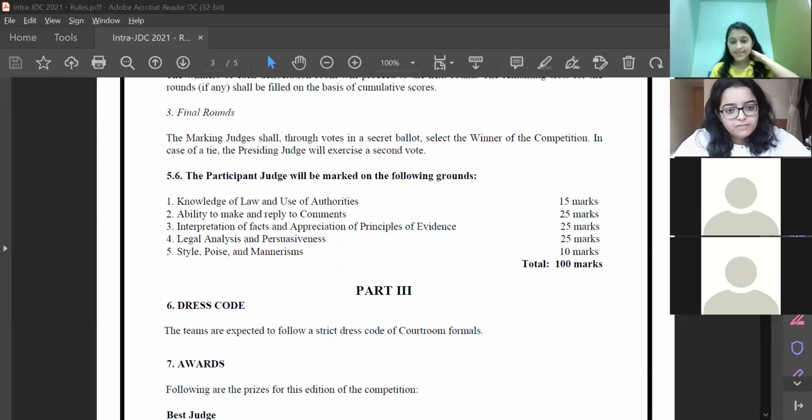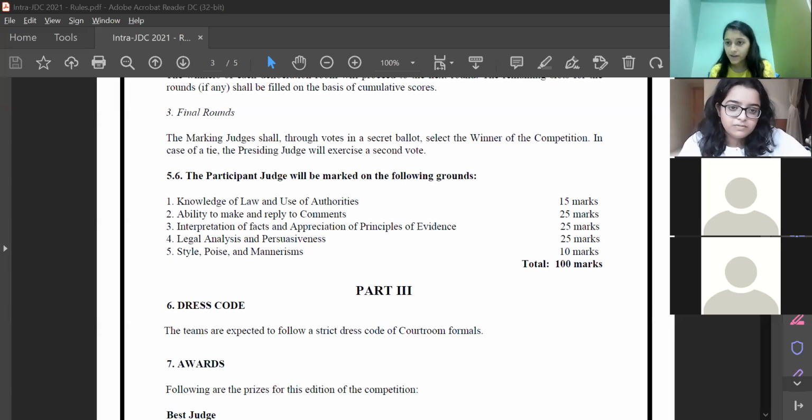If everybody can see my screen, this is the scoring criteria, and the participant judges will be marked on these 5 points. Their knowledge of law and the use of authorities, which is 15 marks; ability to make and reply to comments, which is basically in the commenting round, 25 marks; interpretation of facts and appreciation of principles of evidence, 25 marks; legal analysis and persuasiveness, 25 marks; and style, poise, and mannerisms, 10 marks.